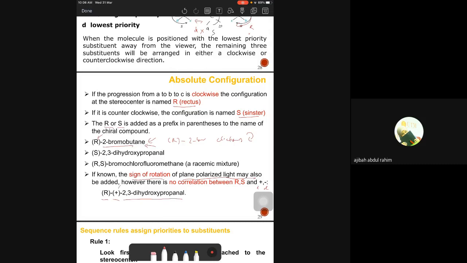But this sign can only be determined by doing the plane polarized light test. So you cannot determine it just according to the structure. Sometimes these values may not be the same as in theory.